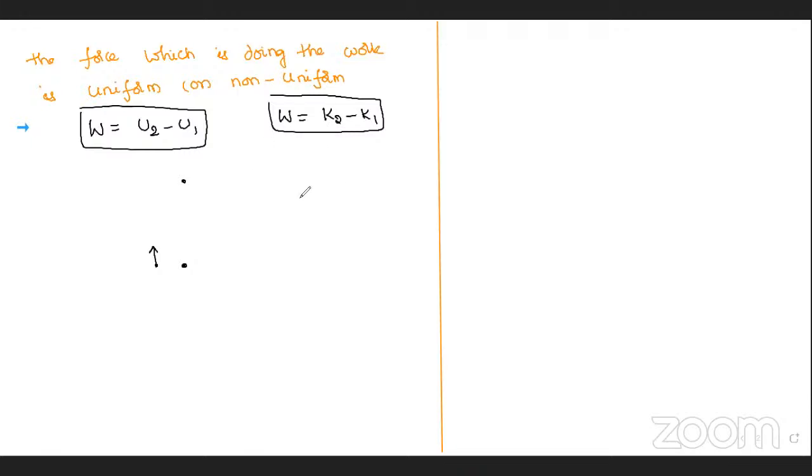And number two, suppose I find a chemistry book in my house, then immediately I throw it to a corner. I won't place it in the rack. That time I'm giving only kinetic energy without giving any potential energy. So in case of chemistry book, I'm giving kinetic energy. In case of physics book, I'm giving potential energy.